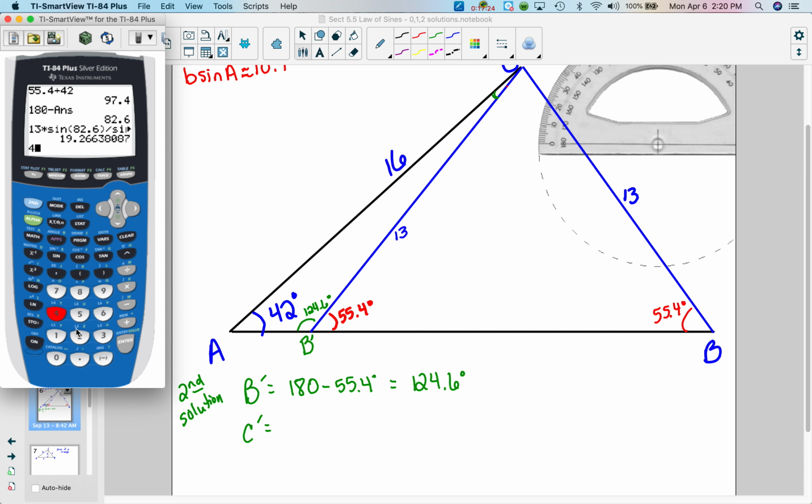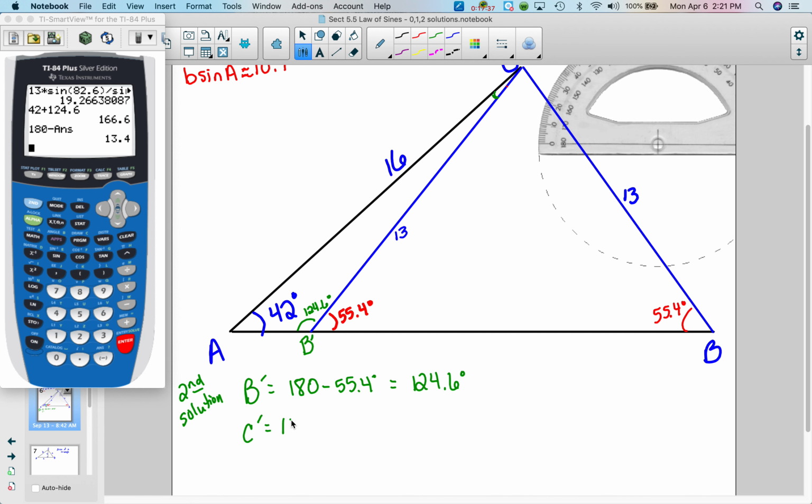So we have 42 plus 124.6, and we're going to have 180 minus that. So I get 13.4 degrees. Make sure you use the degree symbol. A small case c looks like an uppercase C. So when it's the angle, make sure you use the degree symbol, and if I don't see a degree symbol, I'm going to assume you're talking about the side length. So now I know that piece.